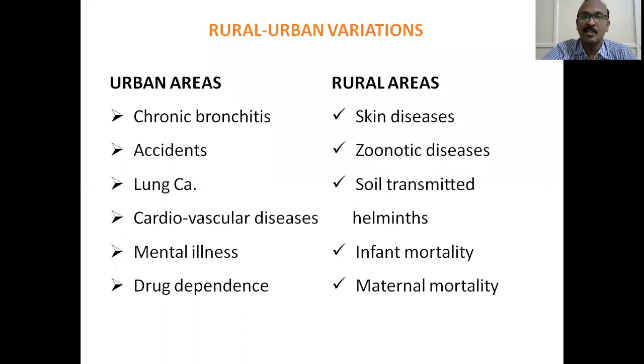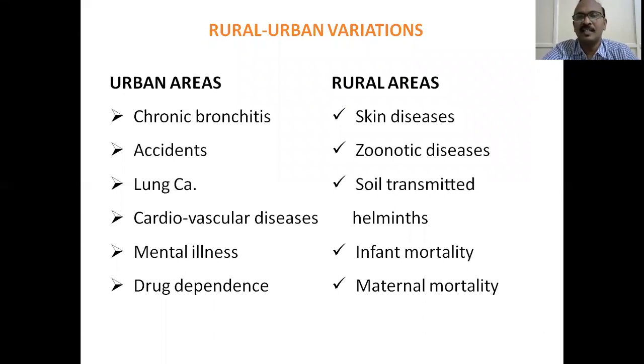Zoonotic diseases occur because of the presence of a lot of animals which are a part of animal husbandry, or milch animals which are meant for giving milk, or animals kept as pets in very rural areas. Soil transmitted helminths, whether roundworm or hookworm, may be very common because of the lack of awareness to use footwear.